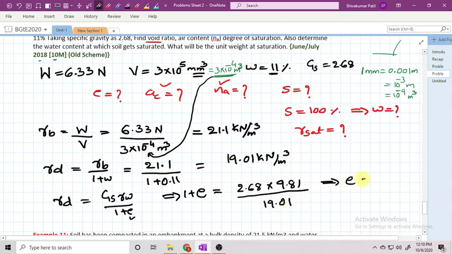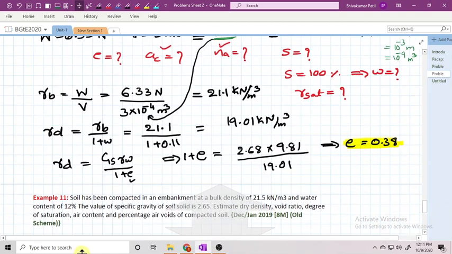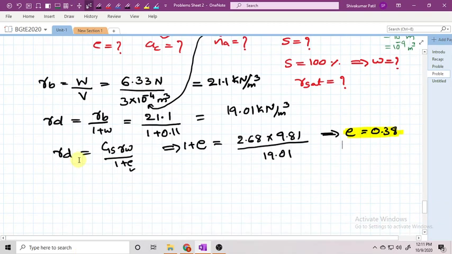So my E value will be how much? 0.38. Okay, so this is my first quantity. Now I got the E value.